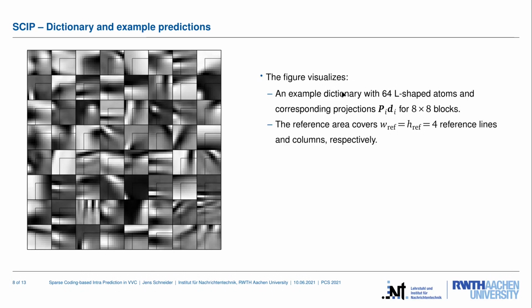Now let's have a look at how prediction signals obtained by SCIP could look. The figure on the left visualizes an example dictionary with 64 L-shaped atoms and corresponding projections di times di for 8x8 blocks. The atoms are separated by this thin black line here from the projection in the lower right corner. Therefore, you can see that an atom having this structure is projected onto the block like given here in the lower right corner.